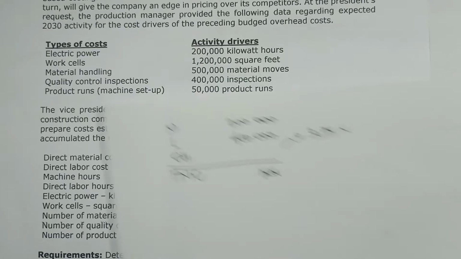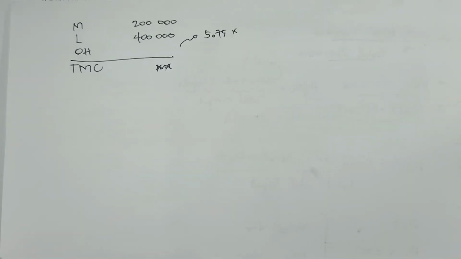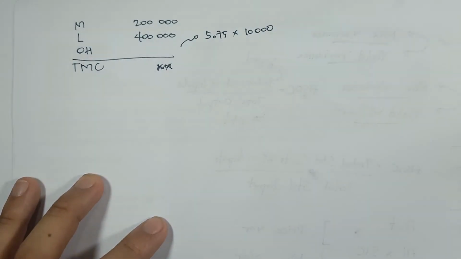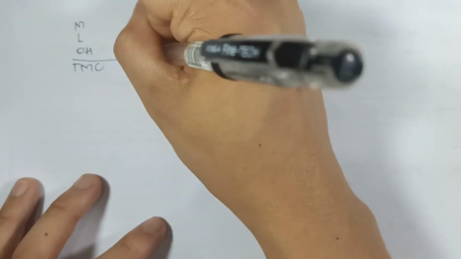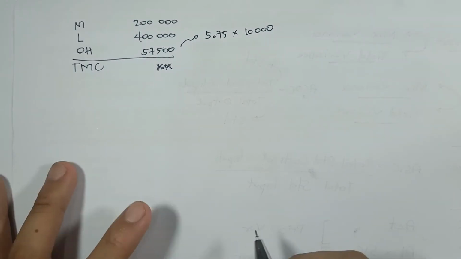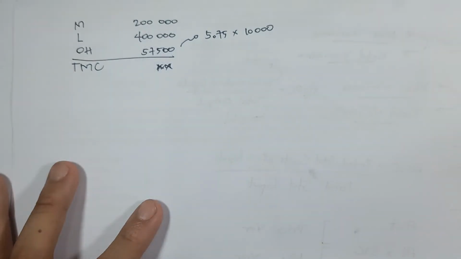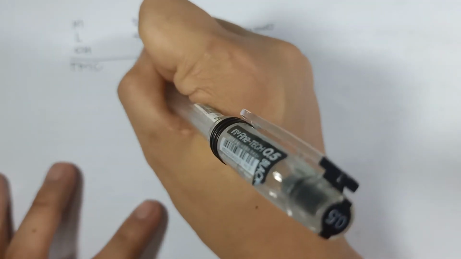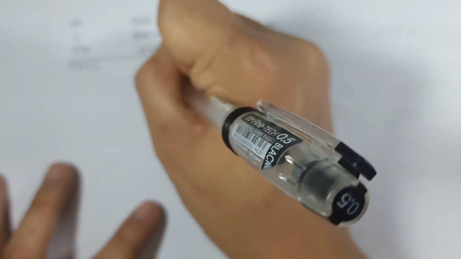So 5.75 times ilan ulit? 10,000 machine hours. So 5.75 times 10,000, this will give us 57,500. So the total manufacturing cost now is 200,000 plus 400,000 plus 57,500, or this is 657,500.